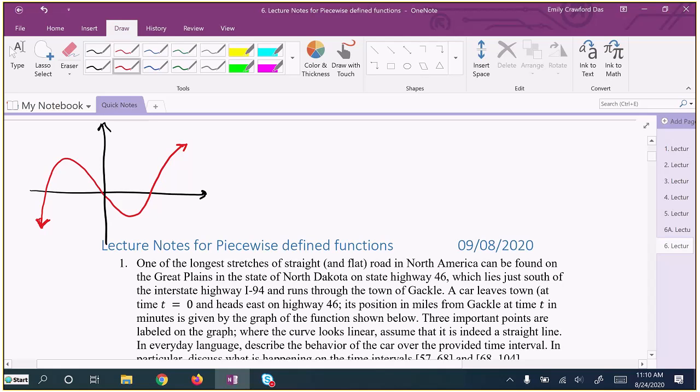So the domain is all real numbers, and the range is all real numbers too. We've also seen some functions that had smaller domains, like maybe the domain was just the positive numbers, like the square root function, and the range was also the positive numbers and 0. We can take the square root of 0.